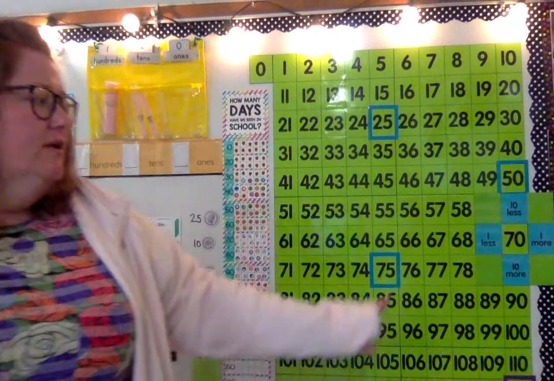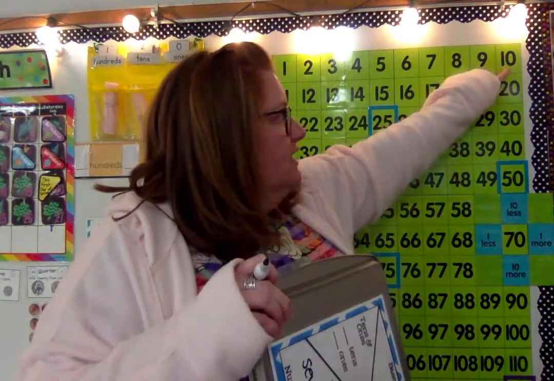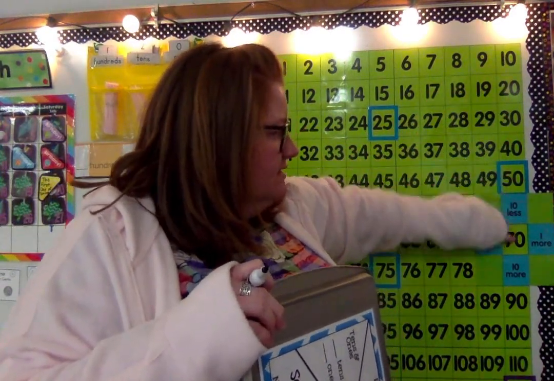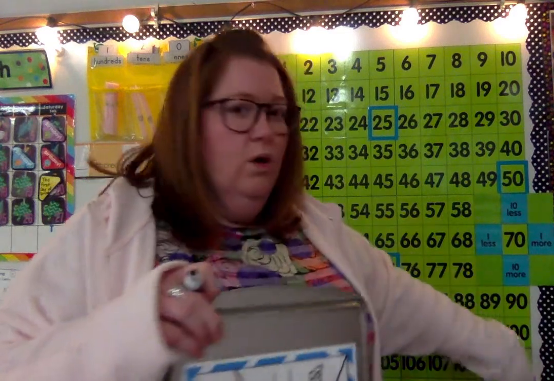All right, let's check out what our number is today. As we slide on over, we see the number 70. Our number today is 70. It sounds like there's going to be a D in our word, but those decade numbers: 10, 20, 30, 40, 50, 60, 70, 80, 90, 100.